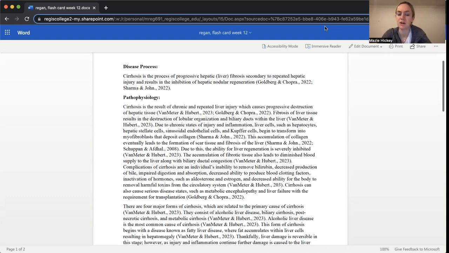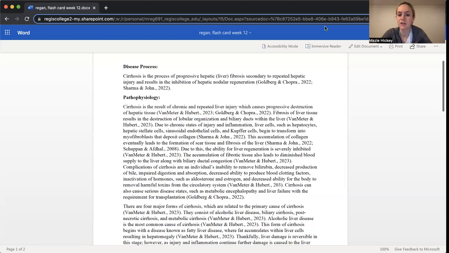The accumulation of this collagen eventually leads to the formation of scar tissue and to fibrosis of the liver. Due to this, the ability of the liver to regenerate is severely inhibited.